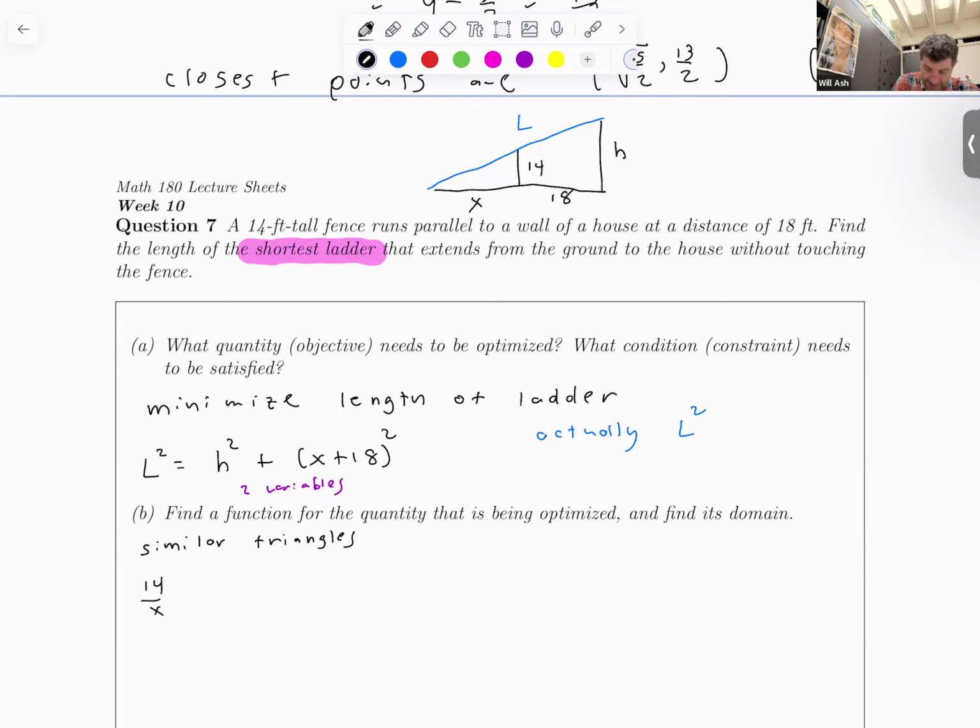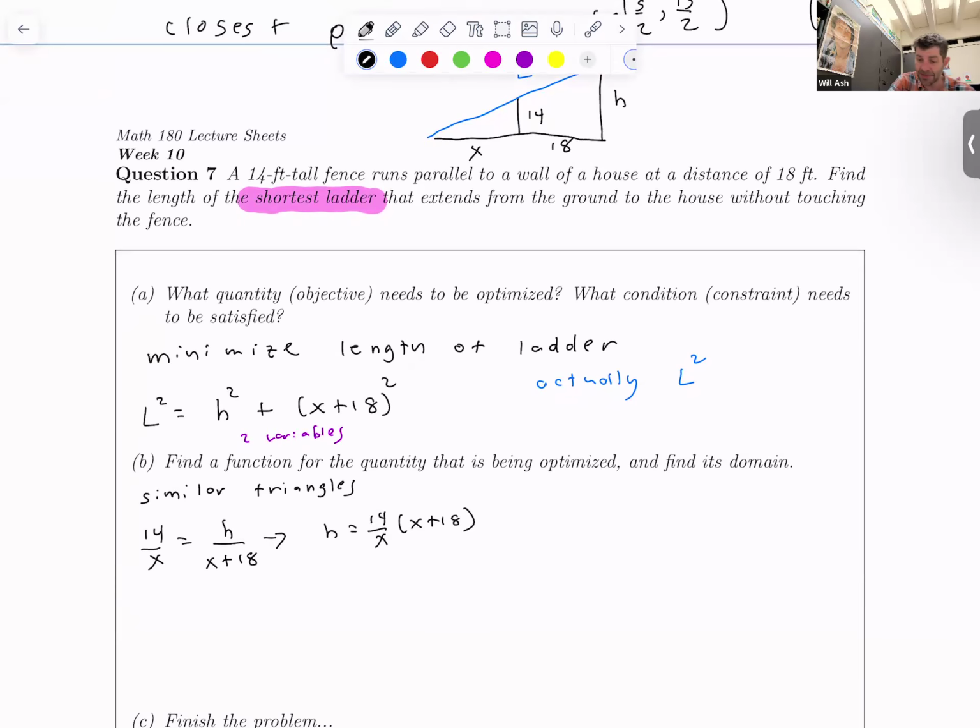I'll say 14 is to x as h is to x plus 18. Then I'm going to solve this for h. Watch how I do it, because you want to be careful with the algebra here to not get yourself too messy. I'm going to say h is 14 over x times x plus 18.